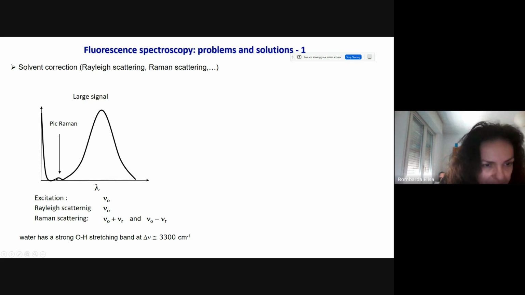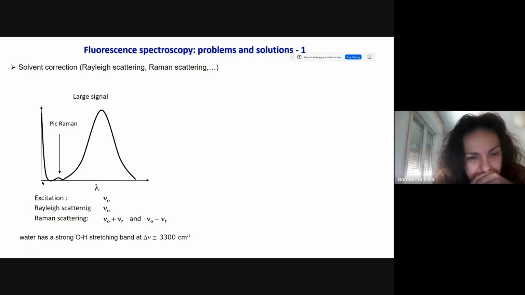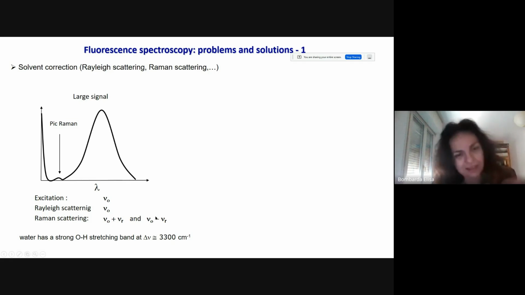You have one here, and symmetrically also one on the other side. Because it's practically an energy exchange between the excitation light and the solvent molecule, it's called the Stokes peak, and that is the anti-Stokes peak.